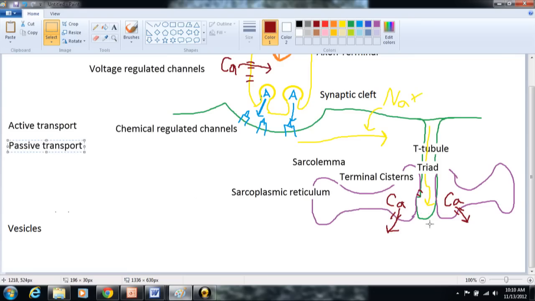Now, inside the sarcolemma, you have actin filaments that have complexes of troponin and tropomyosin.